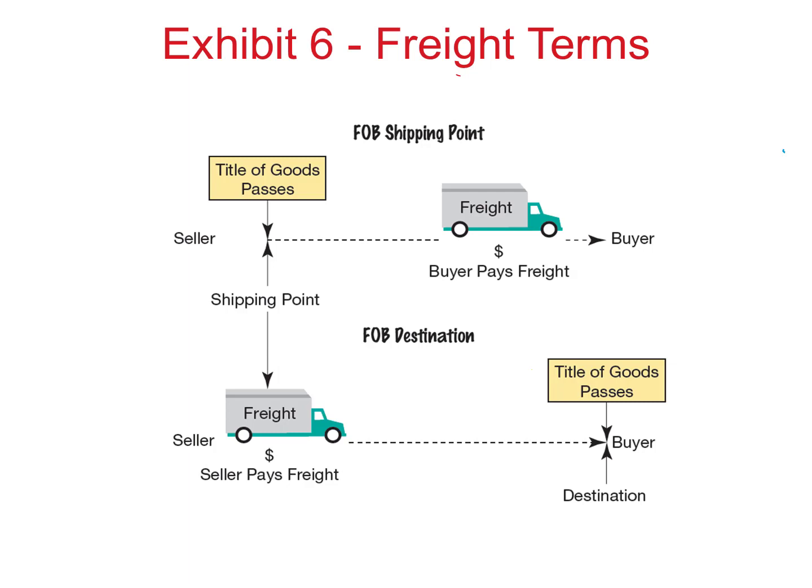So it's not until the goods have been delivered and installed that the seller has a completed transaction. At the point of the completed transaction, the seller is going to record their revenue and accounts receivable. And if this is FOB destination, the seller is going to be paying for the shipping.